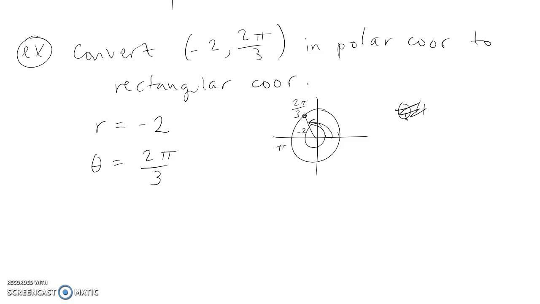No, wait, let me take that back. Whenever we see a negative in the r, it means that you take the angle. This angle here that I just drew would be 2 pi over 3.